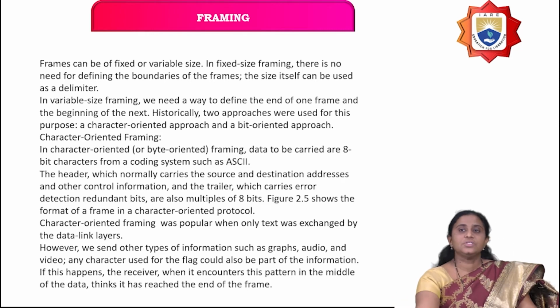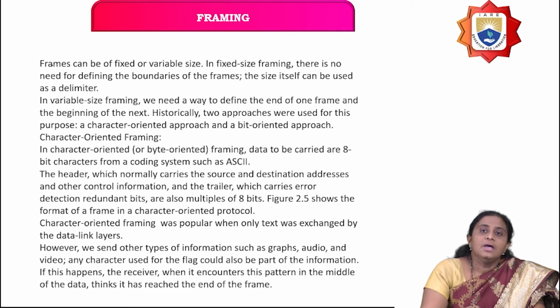Historically, two approaches were used for this purpose: a character-oriented approach and a bit-oriented approach. For the coming concepts, I need to explain.